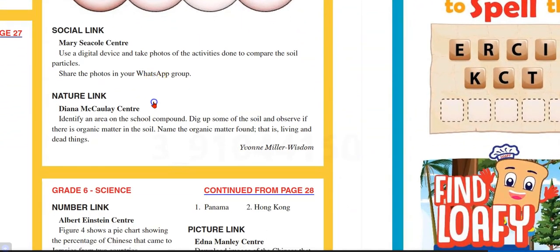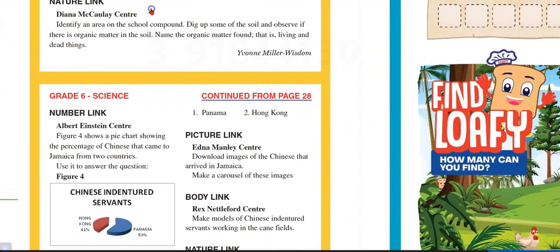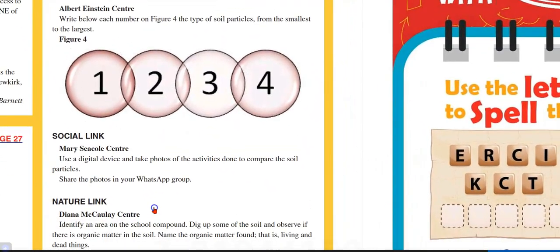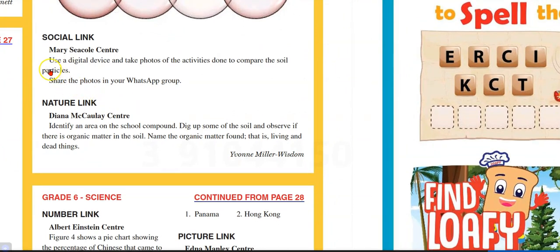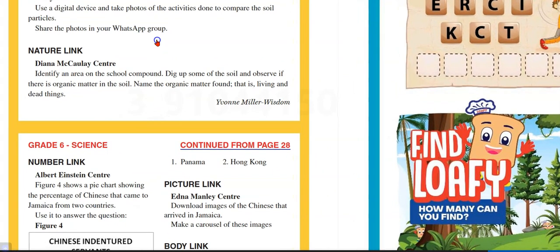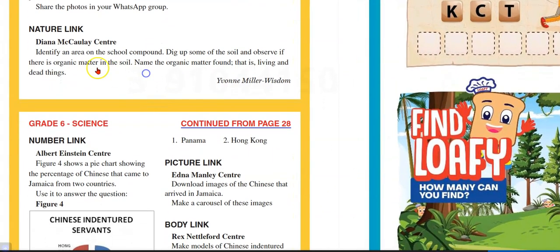The social link says, here, use a digital device and take photos of the activities done to compare the soil particles and share your photos in WhatsApp. All right, let's go with nature link.